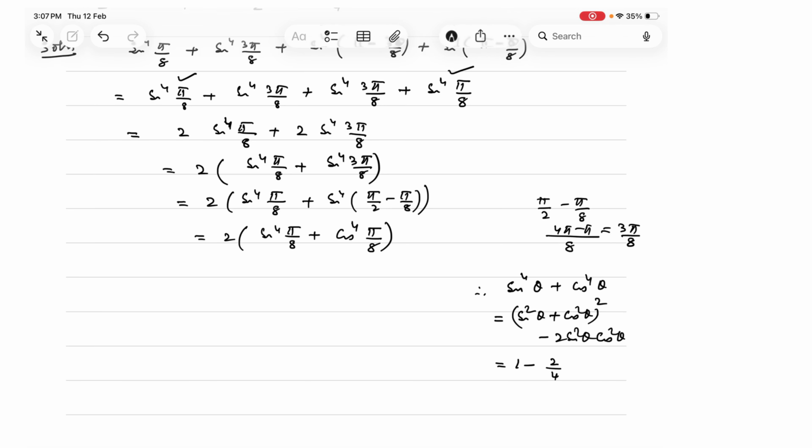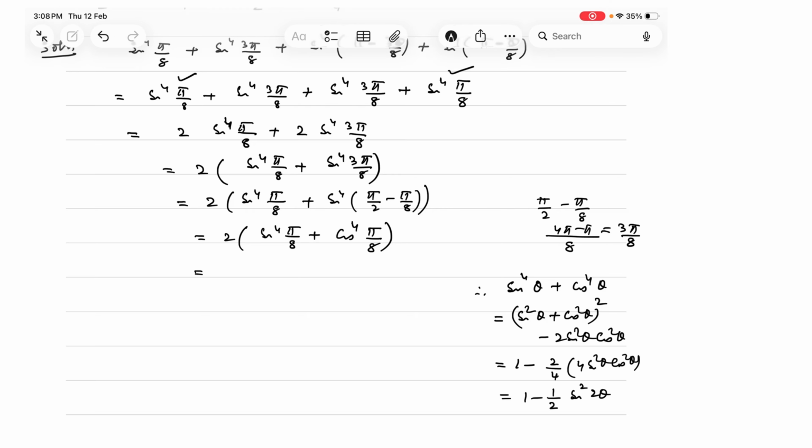We can write it as 2 by 4 into 4 sine square theta cos square theta. So therefore, we can write this as 2 by 4 means 1 by 2 sine square 2 theta. It is 1 minus 1 by 2 sine square 2 theta. Sine to the power of 4 theta plus cos to the power of 4 theta is always 1 minus 1 by 2 sine square 2 theta.